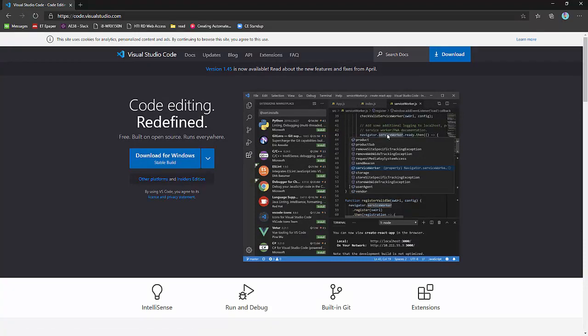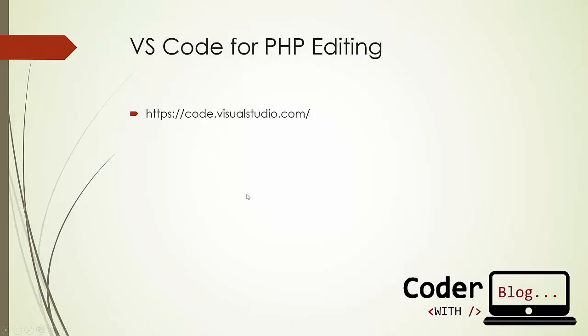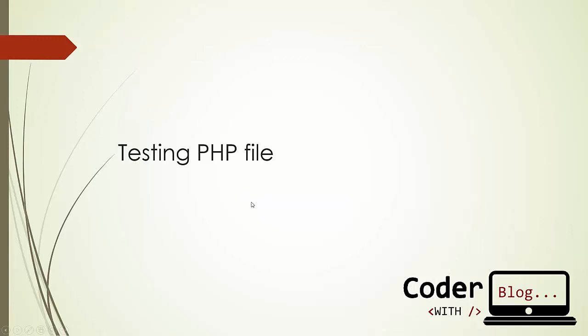For example, you can run many programming languages in there. Just install the plugin and you are good to go. You can just download from here, and you can modify the PHP code based on your file. And the last step is to test how the PHP file is working.